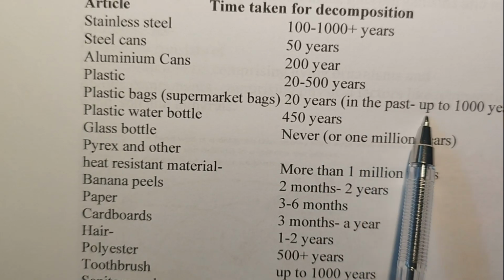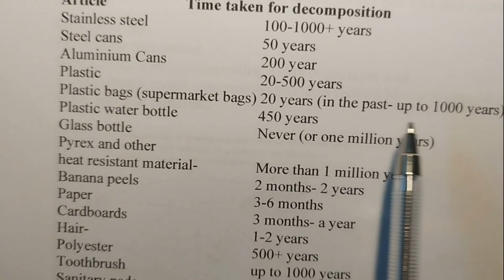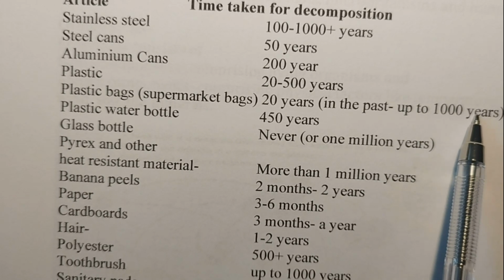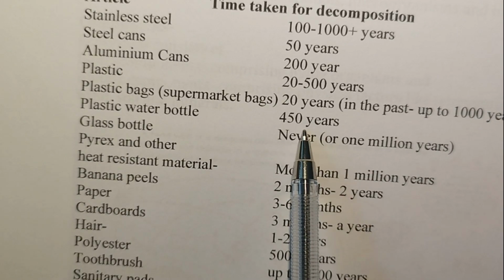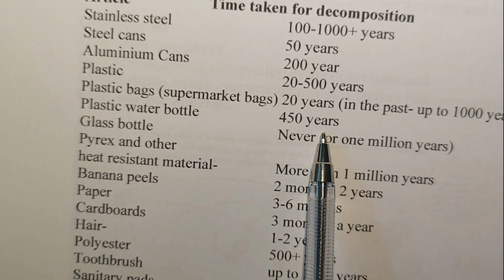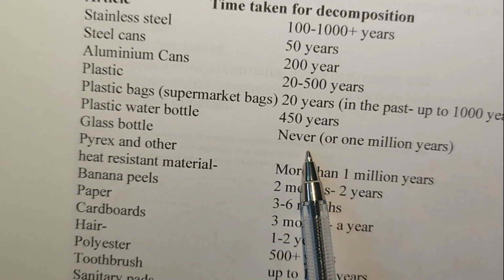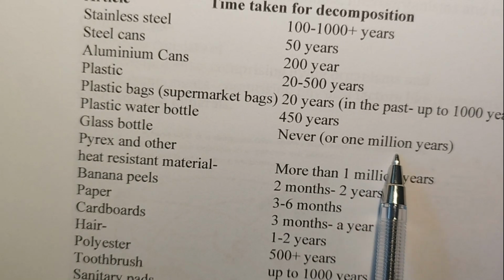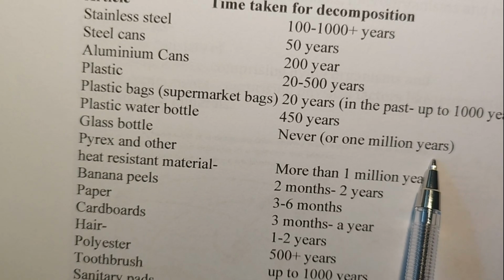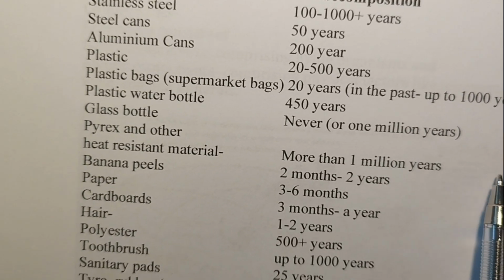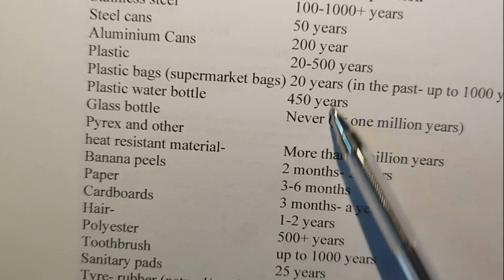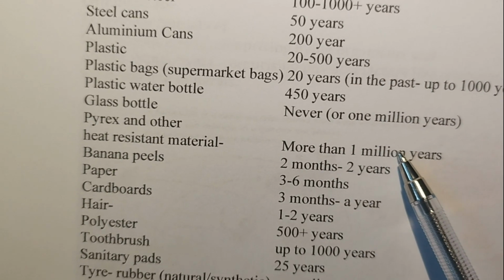But the bags that were used in the past could last up to 1000 years. Okay, so a plastic water bottle can last up to 450 years, whereas a glass bottle never decomposes, or it can take up to 1 million years. Yeah, so you will get different durations for decomposition, but these are from quite authentic sources.